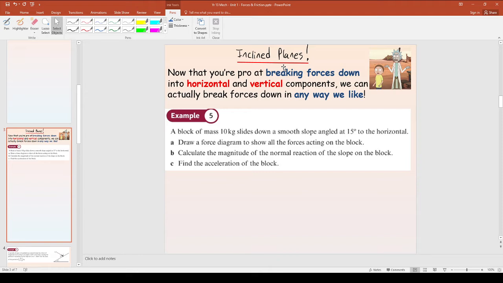It wouldn't be vertically down, it would be down the slope, in a direction that is parallel to the slope. So you wouldn't want to resolve stuff in horizontal and vertical because that's not where your motion is. And that's what we're going to do today. We're going to resolve stuff in different directions, in the x direction and the y direction, actually. So how exciting. Let's do it.